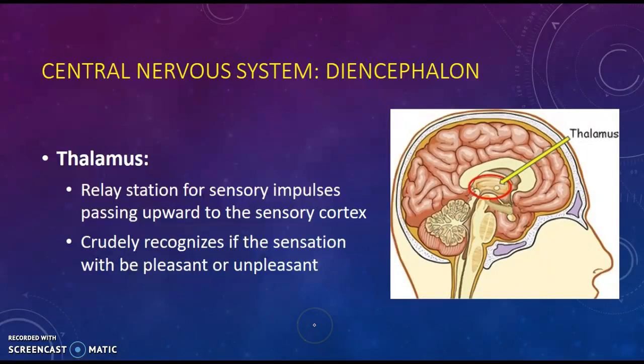So the thalamus is going to be the first thing that we talk about. And really, this is kind of a relay station for impulses that are going up into the sensory cortex. So what this kind of means is this is the area of the brain that's going to basically tell you if what you are feeling is a pleasant or unpleasant sensation.